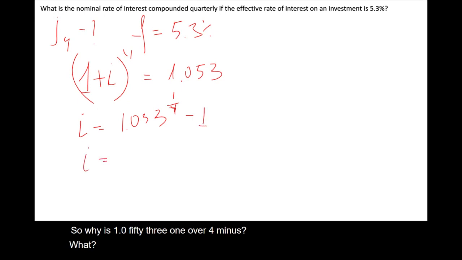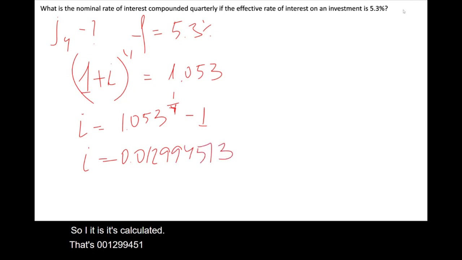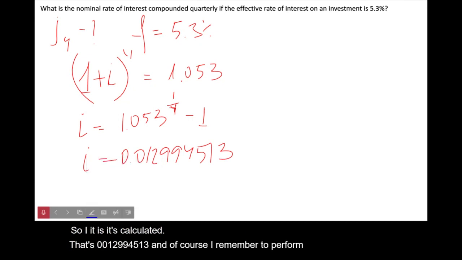So i, let's calculate it. That's 0.012994513. And of course, I remember to perform the last step, which is times m.